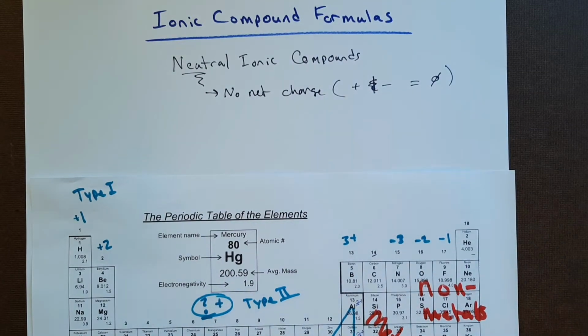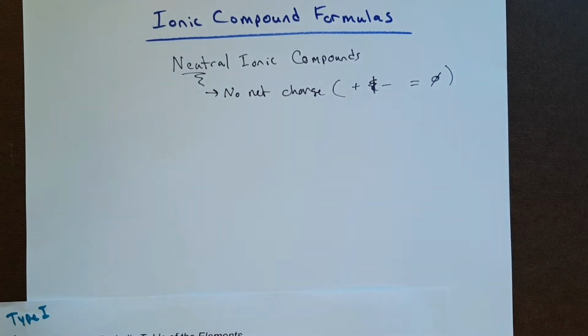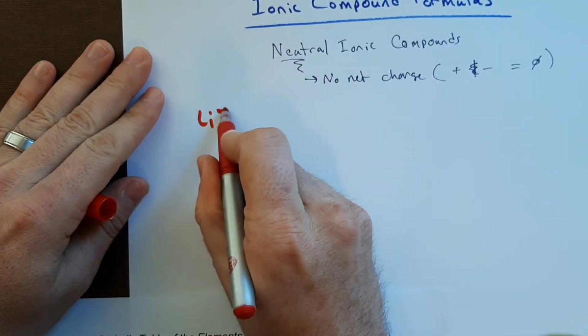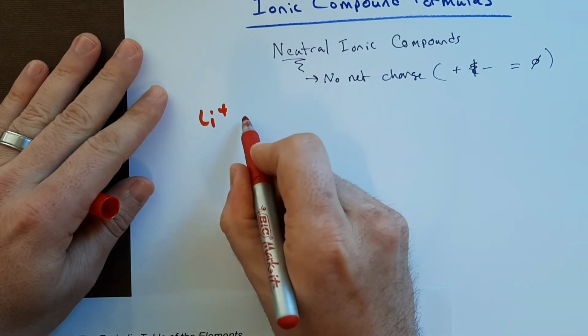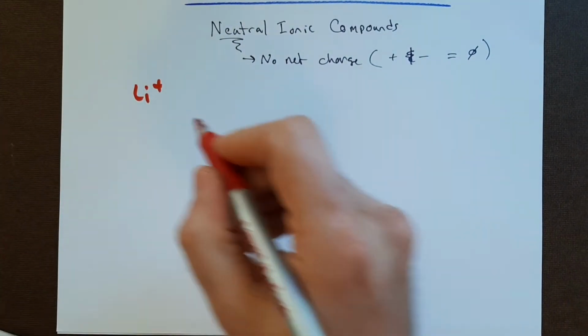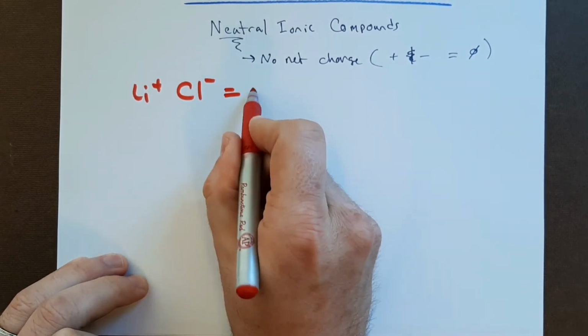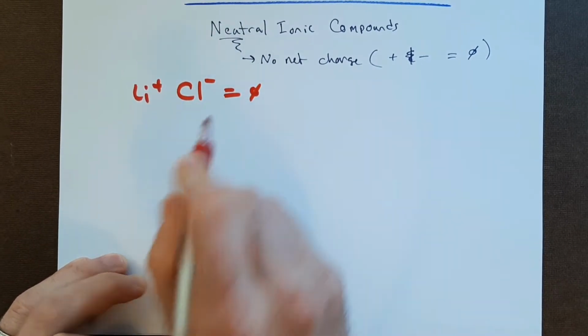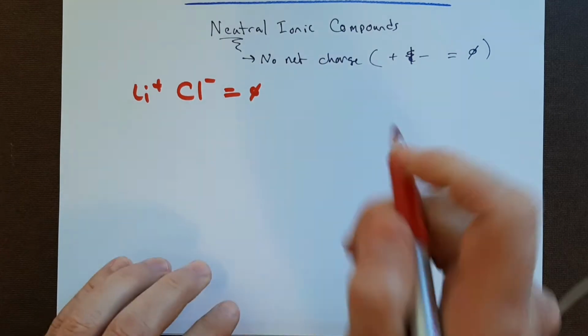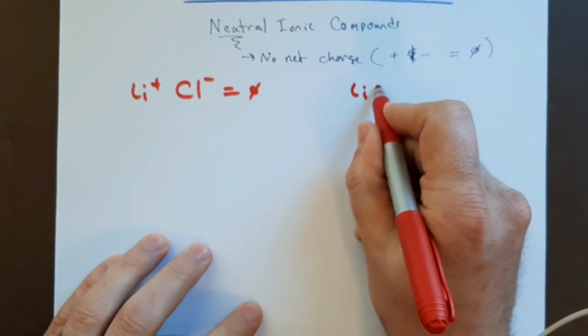Well, with the one we saw before, it's really straightforward. You had a lithium ion that was positively charged, and you had a chloride ion that was negatively charged, so that equals 0. 1 positive, 1 negative equals 0.